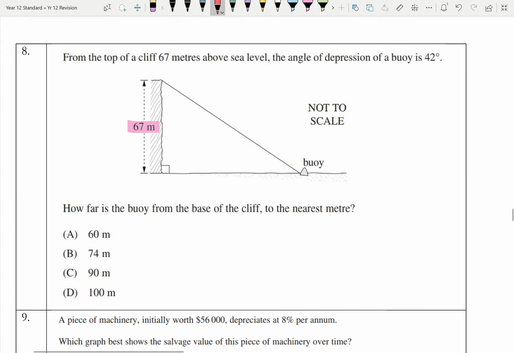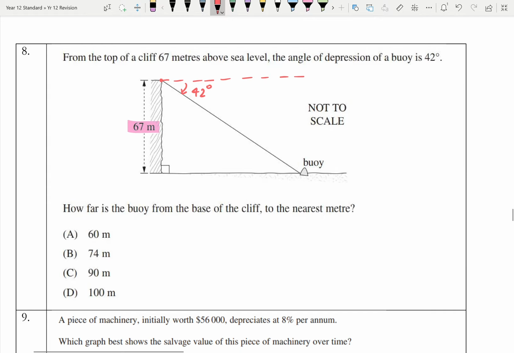Now what you need to know about angles of depression or elevation is that we always start as though we're looking out. So if you have your line of sight, you're looking straight out across the horizon, and then from there we're either going to draw up to do our elevation or down to do our depression, as though you're like lifting your head up or down. So in this case, we're looking down at 42 degrees.